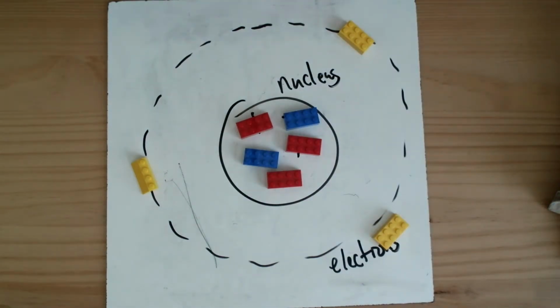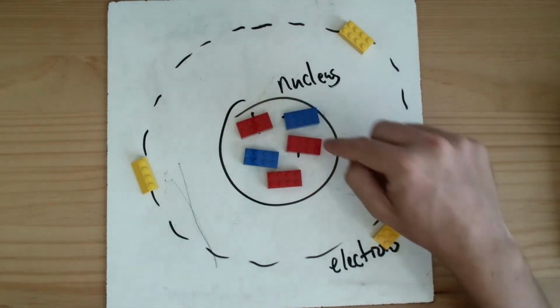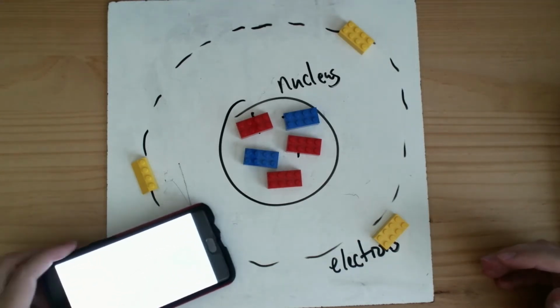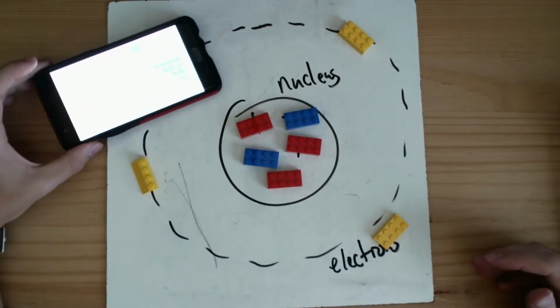And what I said before is that protons give identity to the atom, which means if I count up my number of protons, 1, 2, 3 protons, I can use that to figure out what the identity of this atom is. So once I know that I have my 3 protons, I head over to something called the periodic table, which I've got a copy of on my phone.